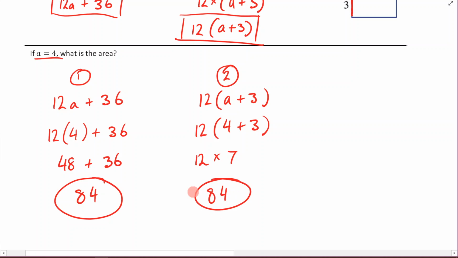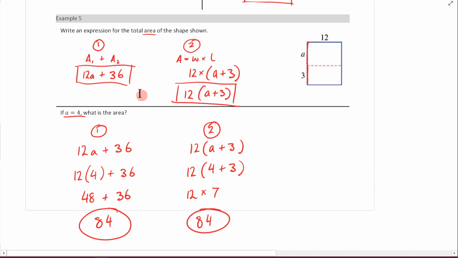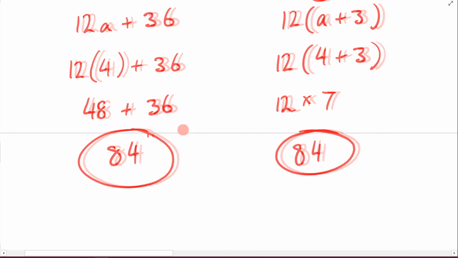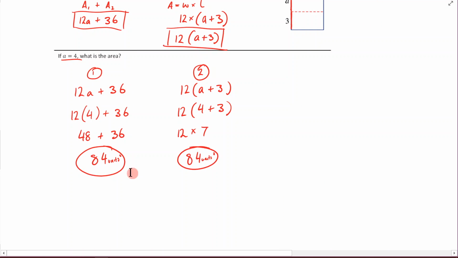So as you can see, we get the same answer. We get 84, and that's because the 2 expressions are equivalent, so obviously when I sub in the same thing into them both, I'm going to get the same answer out. And be careful here, even though we haven't been specified the units, because it is area, you might just want to write units squared.